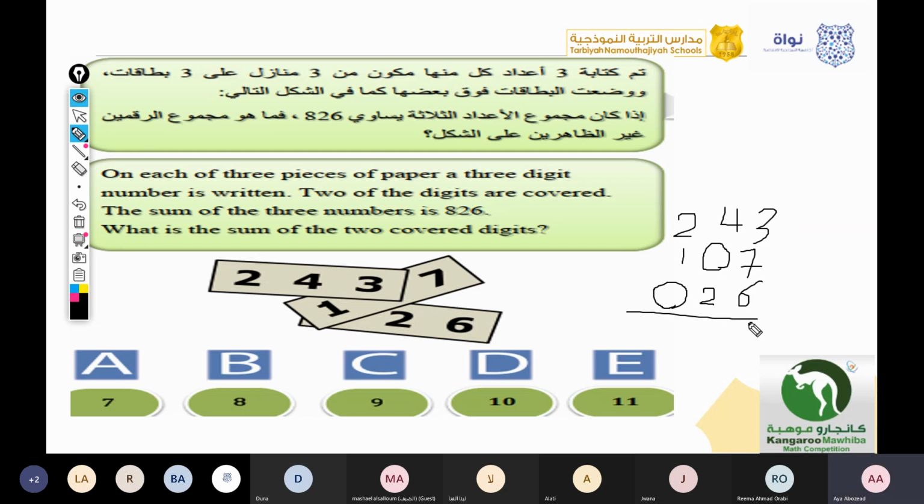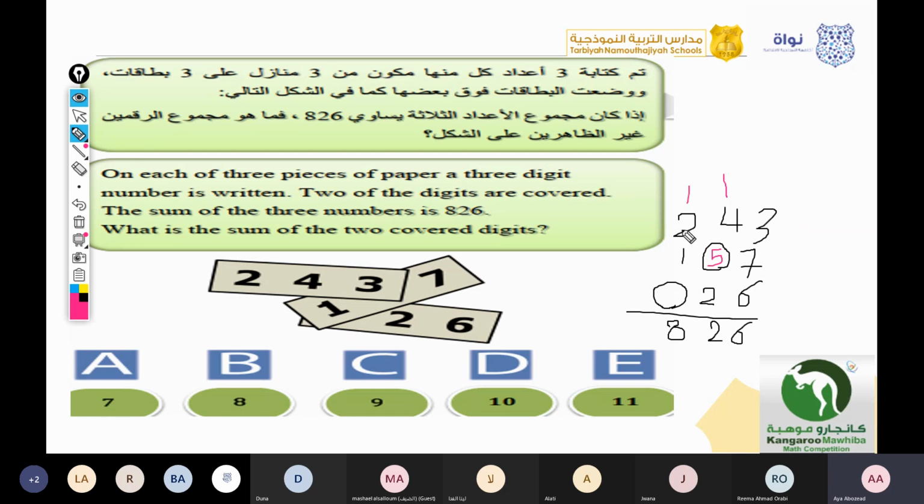Now, after adding, it's going to be 6 and 2 and 8. We say it's going to be 5 from here. 6 and 1, this is 16. So 6 down and 1 up. Now 1 and 4 equals 5. 5 and 5 is 10. 10 and 2 is 12. So 2 down and 1 up.